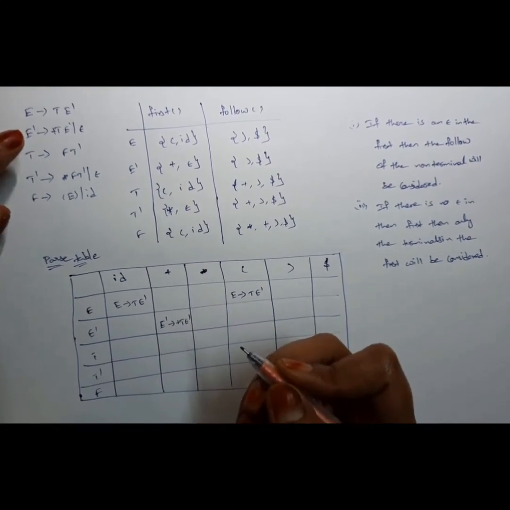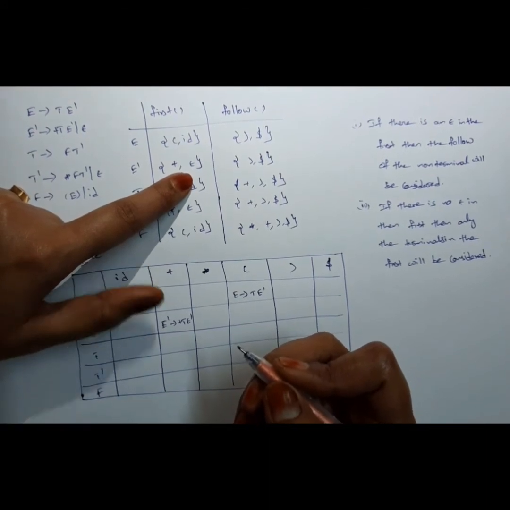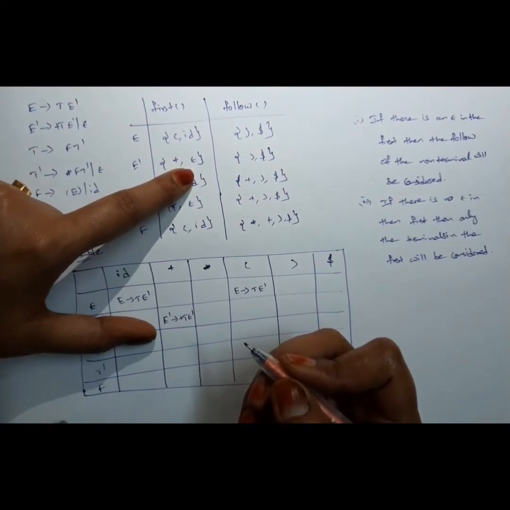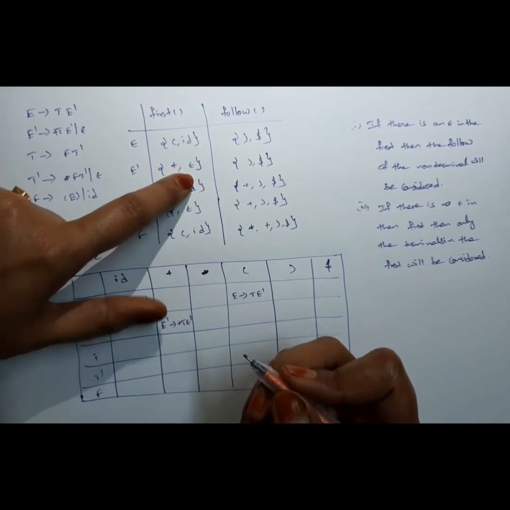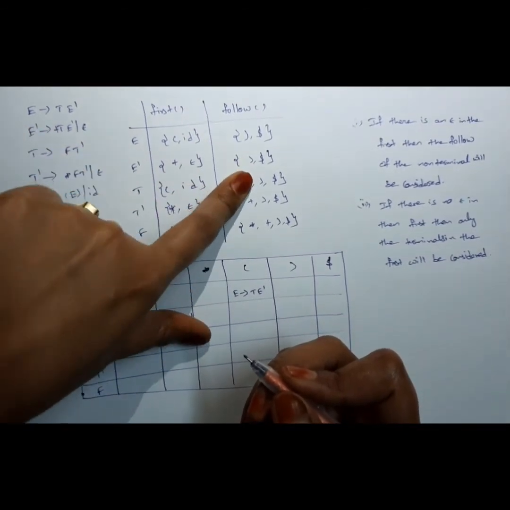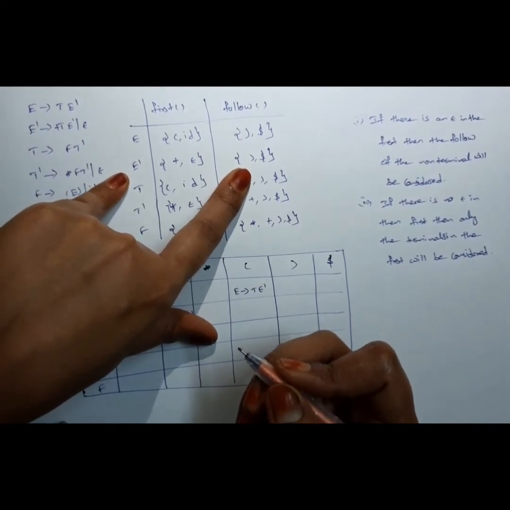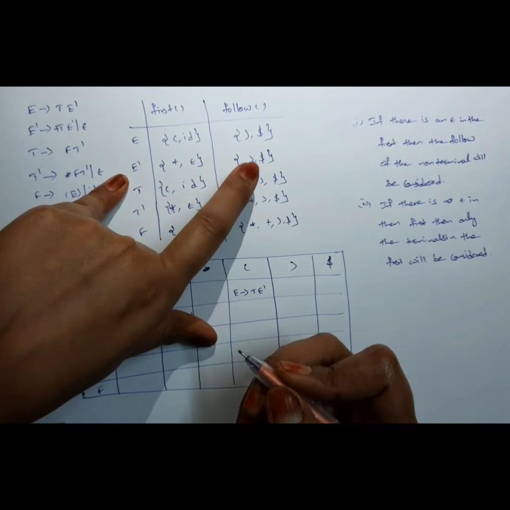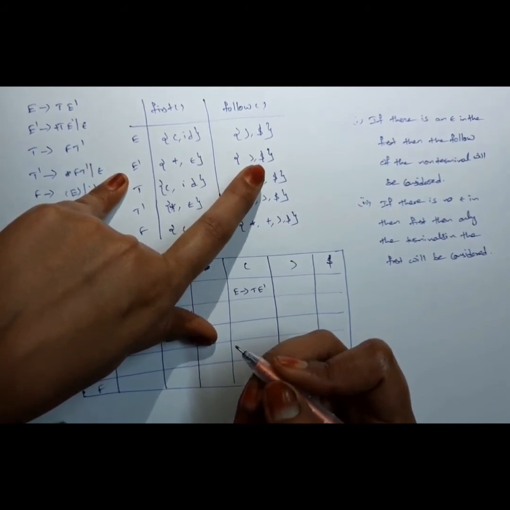And the second terminal value is epsilon. In the parse table we are not supposed to consider the epsilon values, so instead of epsilon I am considering the follow of E dash. In the follow of E dash we have closed brace and dollar.